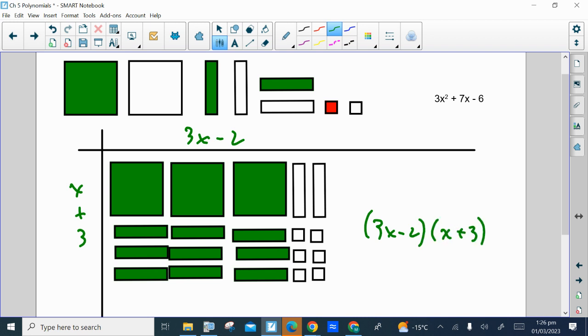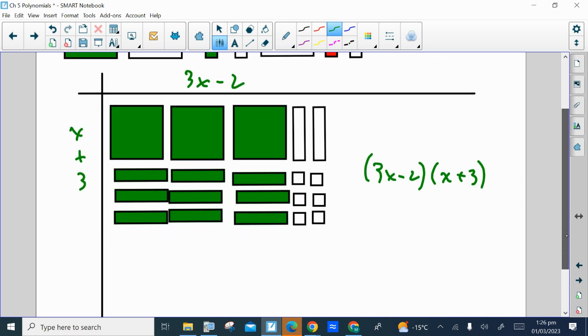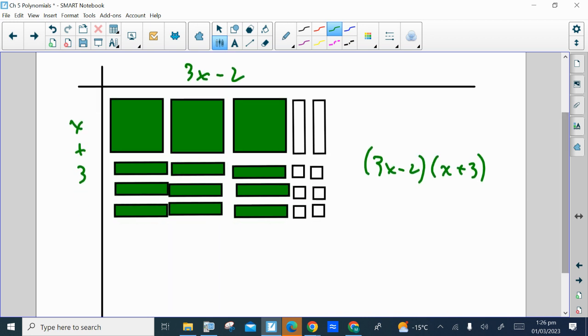How can we find out if they are the factors, Declan? (3x by x plus 3) and negative 2 times what? No, the negative 2 is from the 3x minus 2, x plus 3.